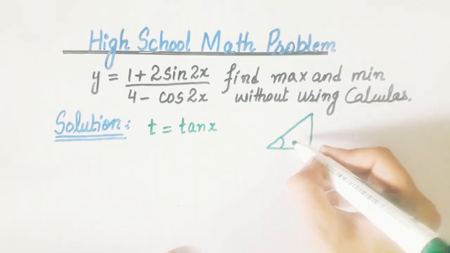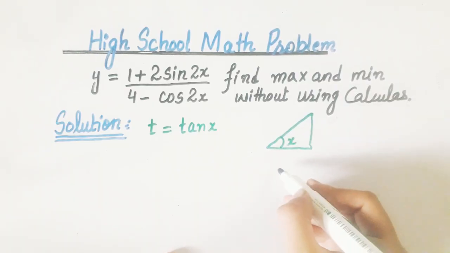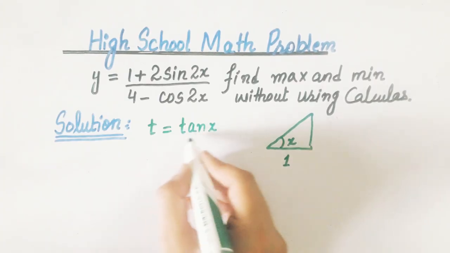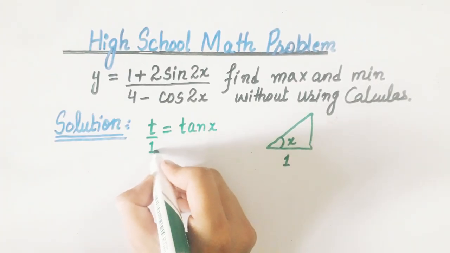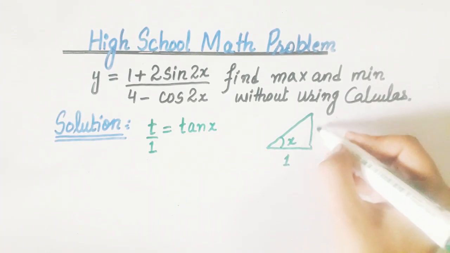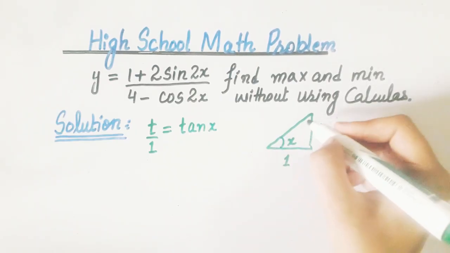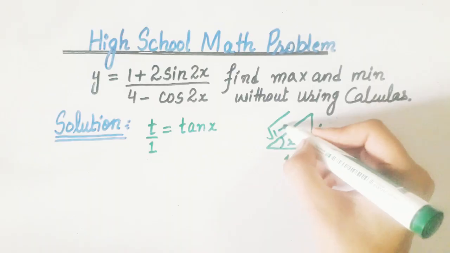Here is the angle x, and the base of this triangle is 1 because tan x equals t by 1, and the height equals t, and this side, by the Pythagorean theorem, equals square root of 1 plus t square.